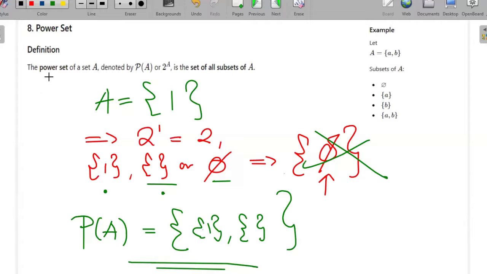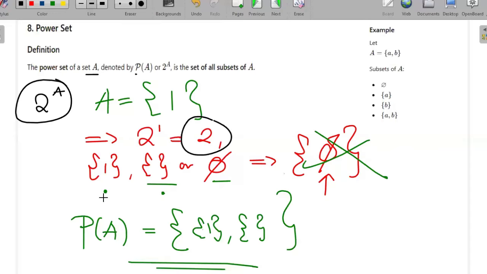The definition here says the power set of a set A, denoted by P of A or 2 to the power of whatever letter is representing that set, is the set of all subsets of A. Here I've given a perfect example. There's this set that contains one. What do we do first? We find out how many subsets it is going to have.